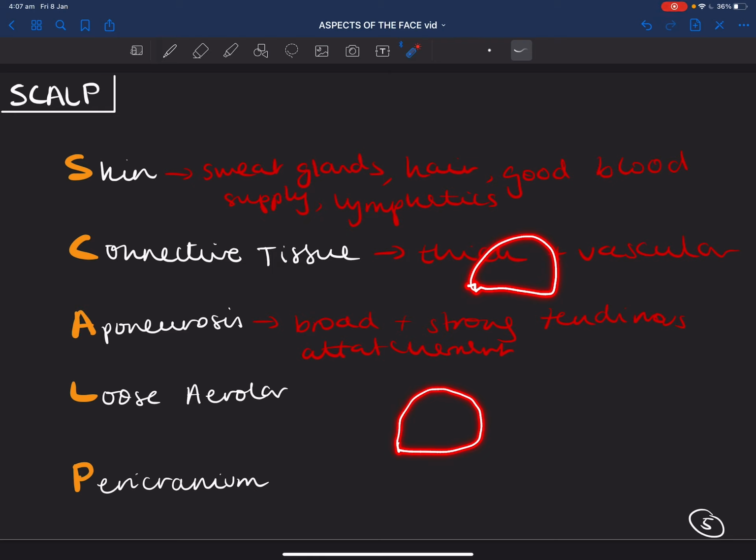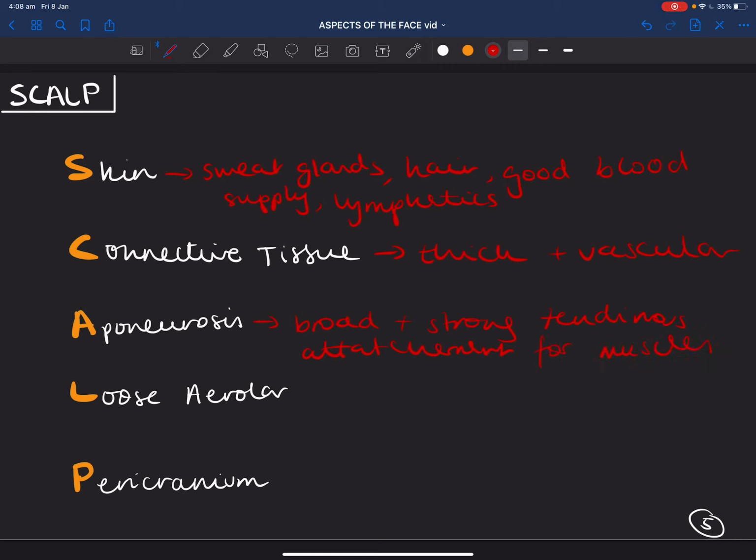There's an aponeurosis, a band of fibers, that connects the front to the back of your skull. It connects muscle groups, so it gives attachment for muscles.